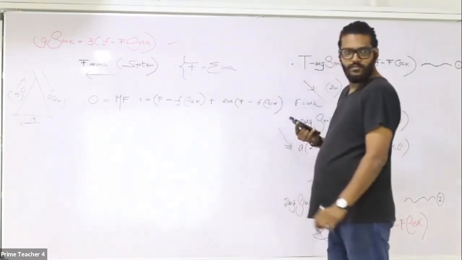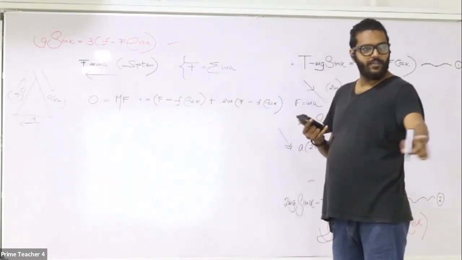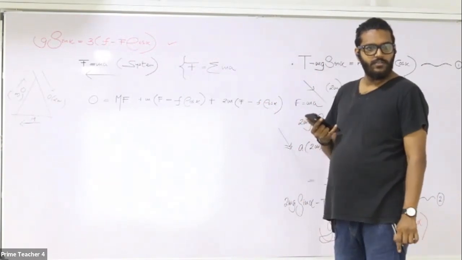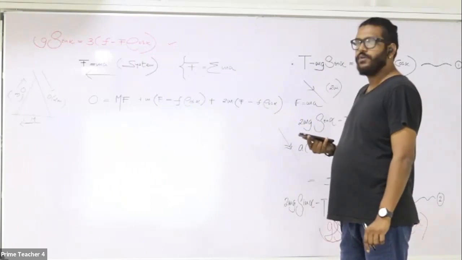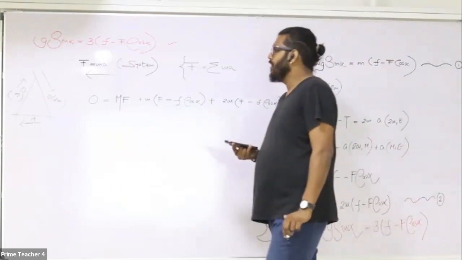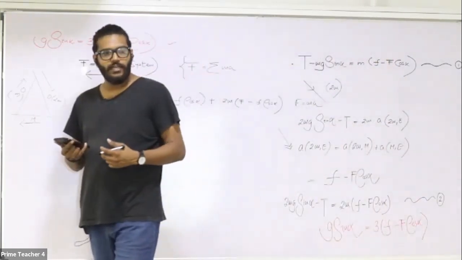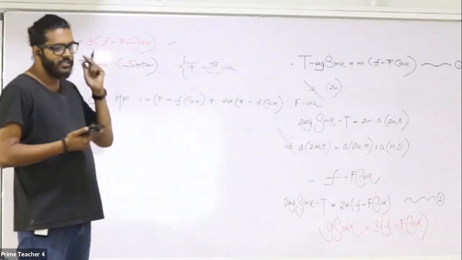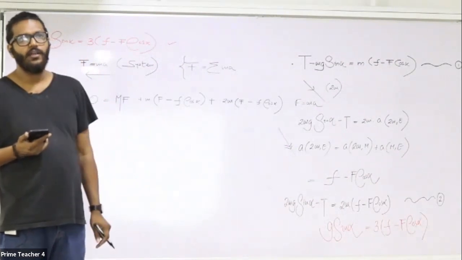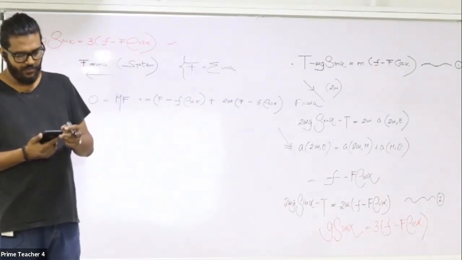Are we clear? Anyone got that equation? No one has applied the system. So I'll give you some moment. You also apply F equals ma for the whole system straight away, and then see whether you will map onto the same shape that I am following. Let's give it a try.